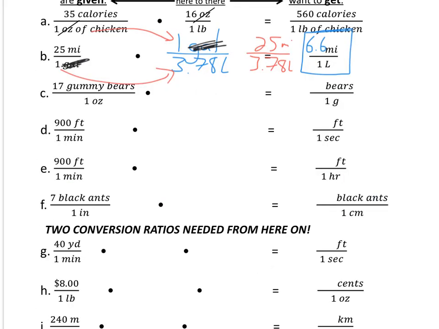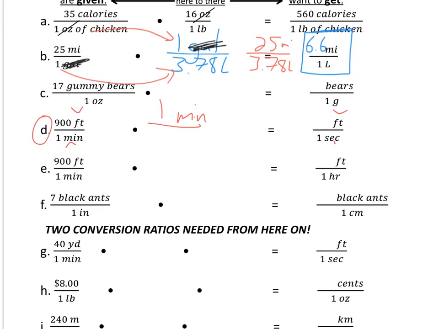The next one I'm going to do is D. Once again, I don't need to change the feet because they're the same, but I do need to go from minutes to seconds. I don't need to look that one up because I know that there are 60 seconds in every minute. Once again, I need the minutes on the top of my conversion so that I can cross it out later.